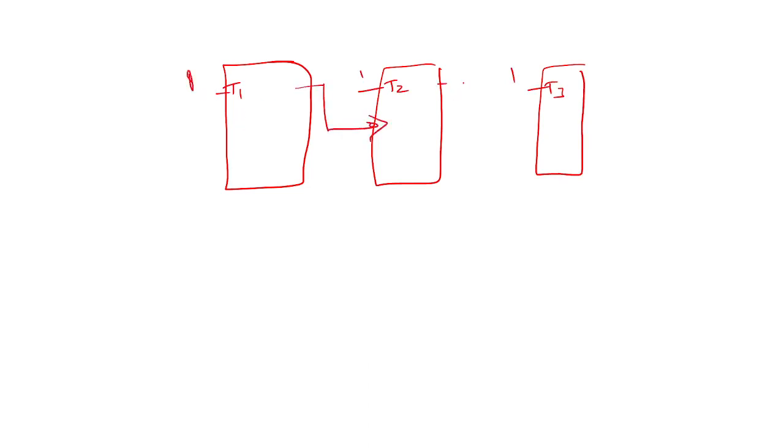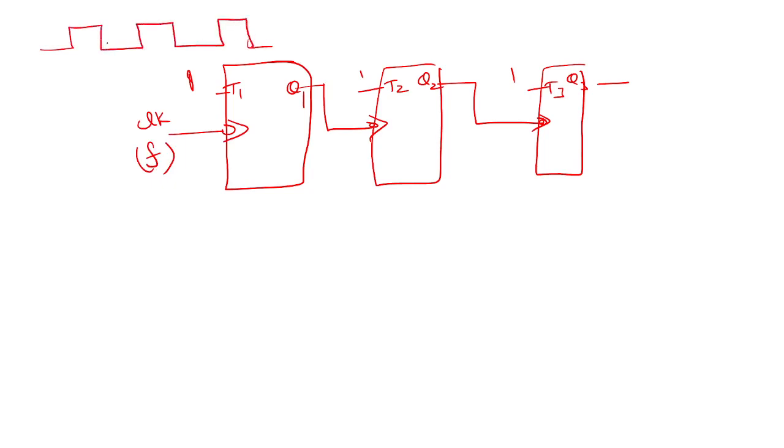The output is connected as a clock: Q1, Q2, Q3. Now, there is a clock here with some frequency. Negative edge to negative edge is nothing but the T clock time period. F clock will be 1 over T clock.